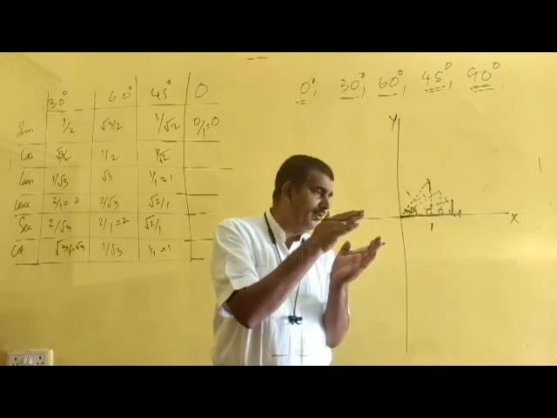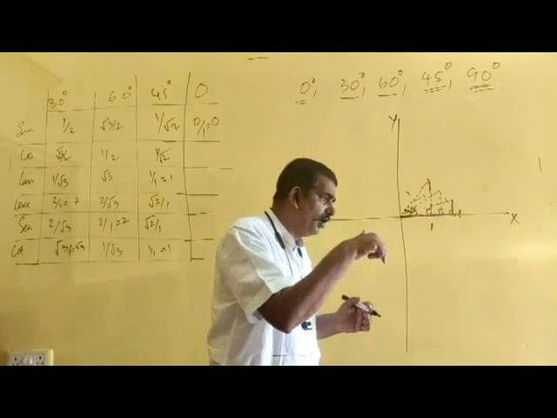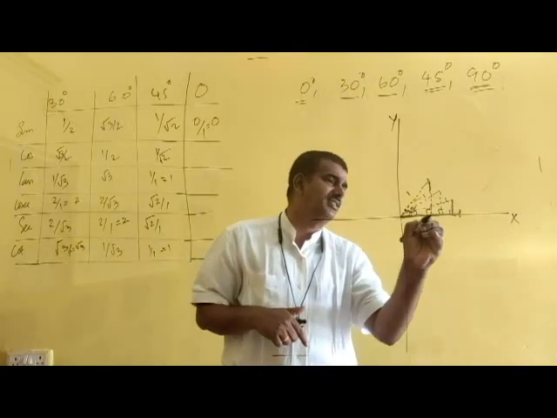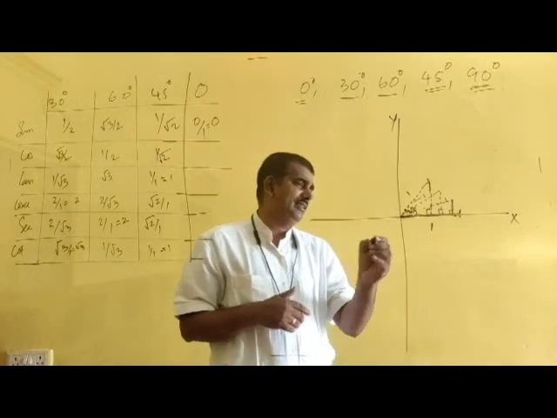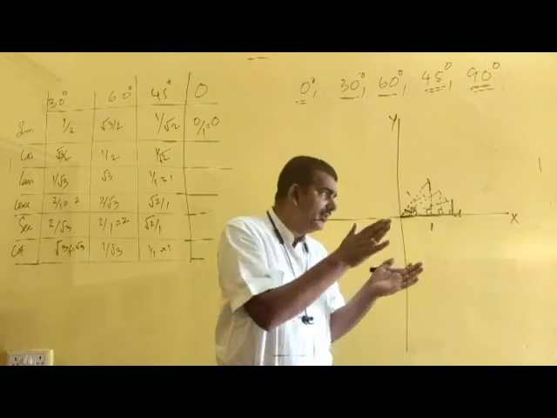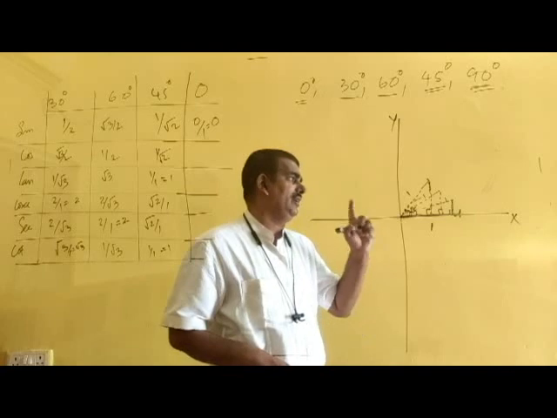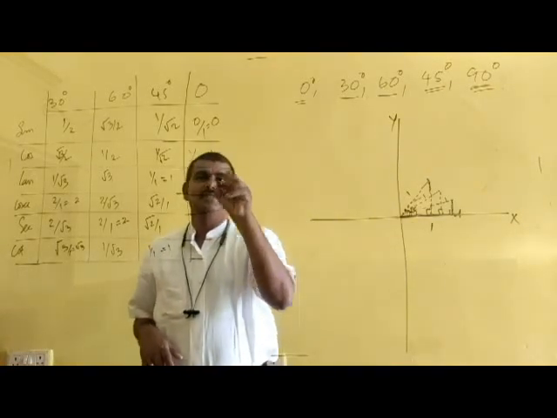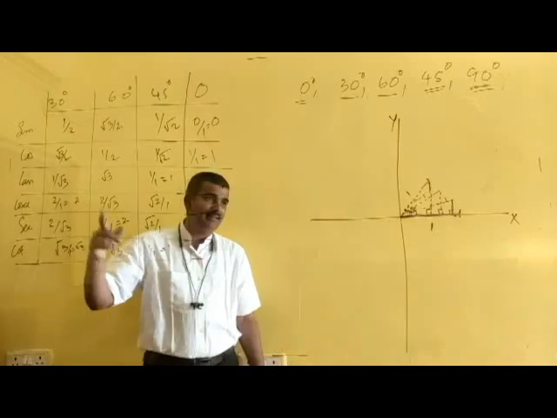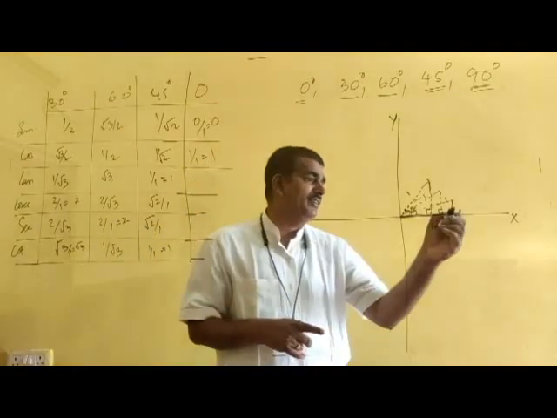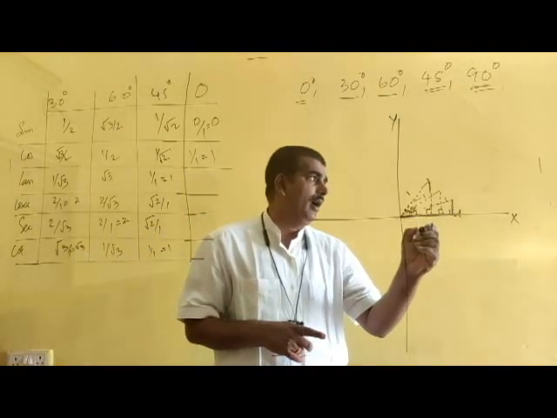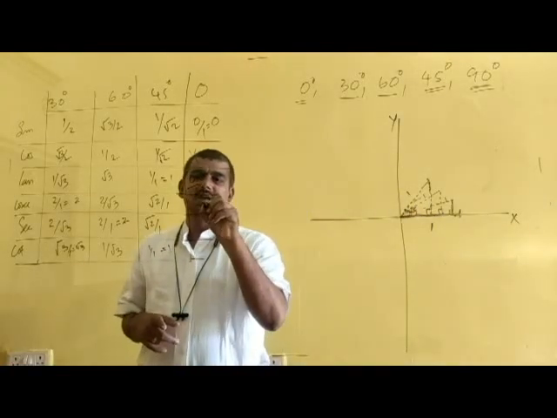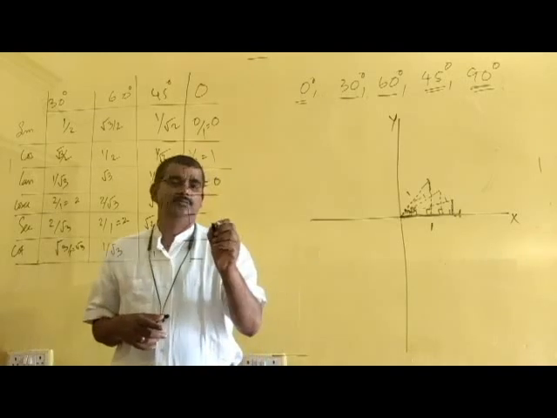I told you, if theta is decreasing and almost 0, this hypotenuse will coincide with the x-axis and both lengths will remain equal, that is 1 only. So 1 by 1 is equal to 1. And tan will be the opposite side divided by the adjacent side. The opposite side is 0 over here, so 0 by 1 is equal to 0.